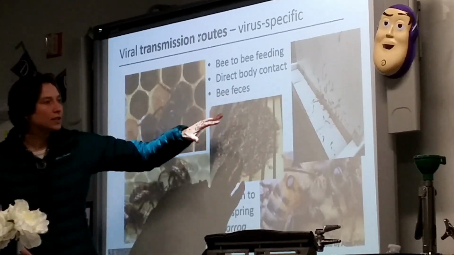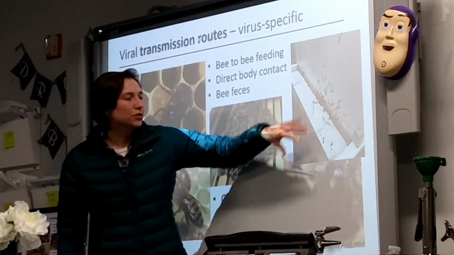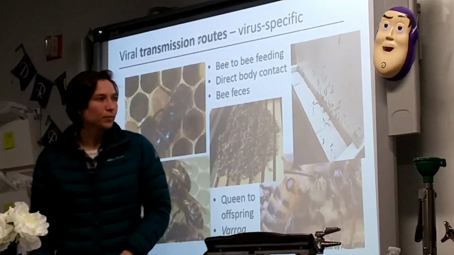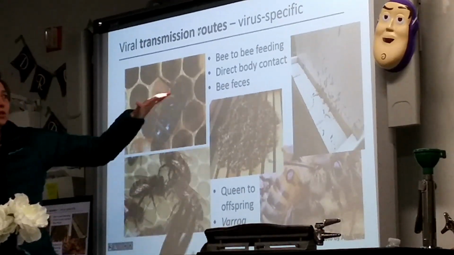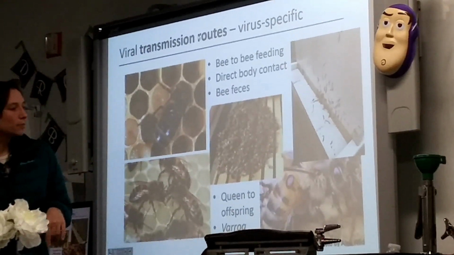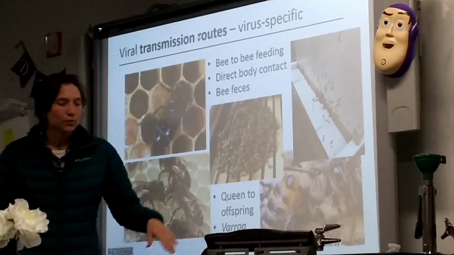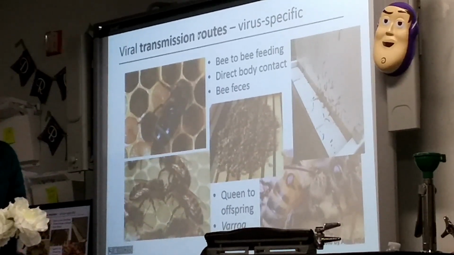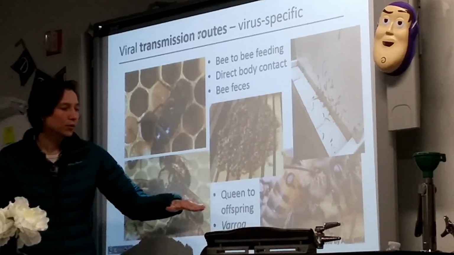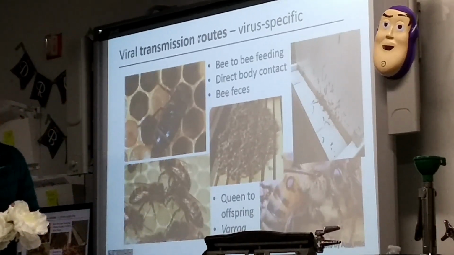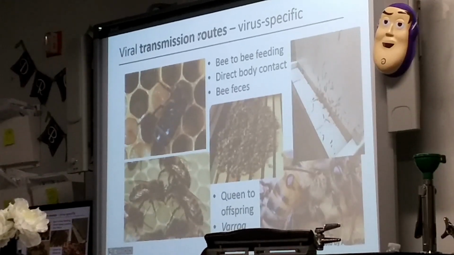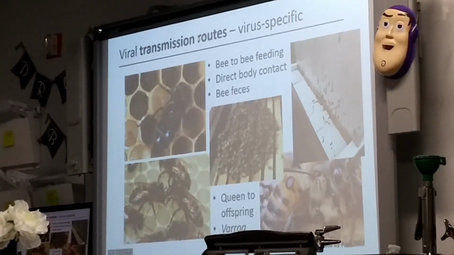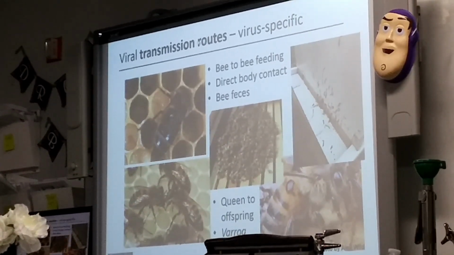Contact with bee feces: this is a picture of a hive entrance that was probably infected with nosema, so there's a lot of feces around, but that's a good way to transmit viruses as well. There is evidence of queen to offspring virus transmission, but that's probably not as important as some of the other modes. And then varroa feeding is probably one that you've heard about, so varroa actually biting the bee and then injecting the virus.